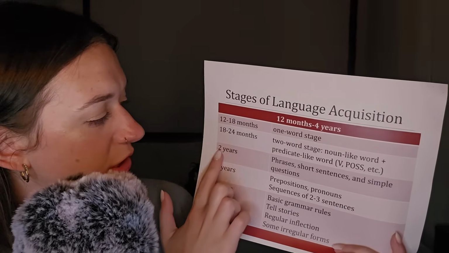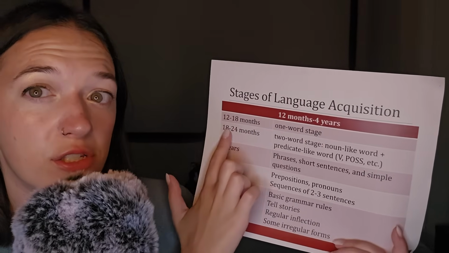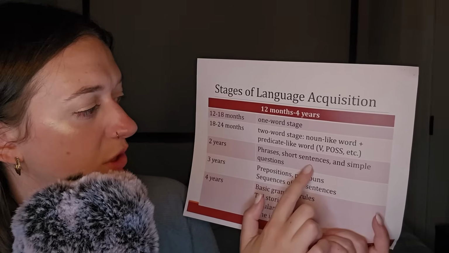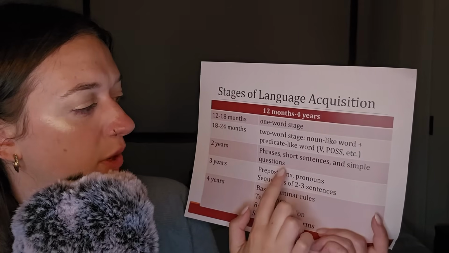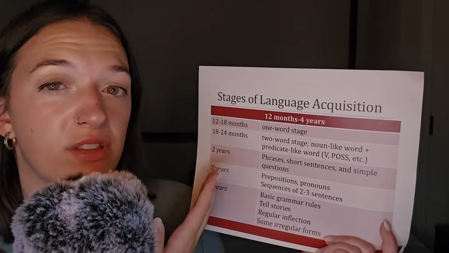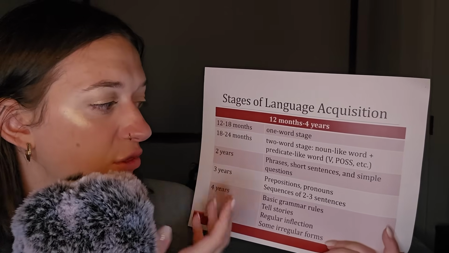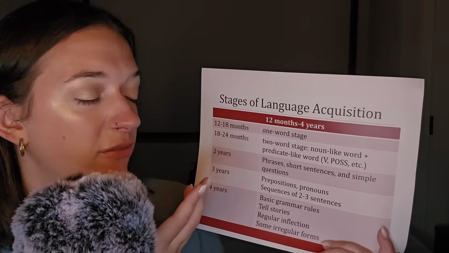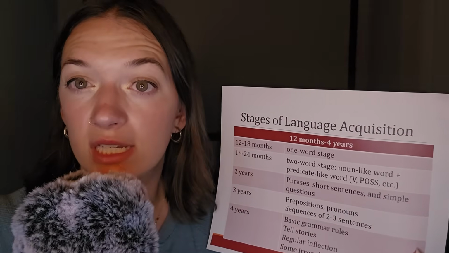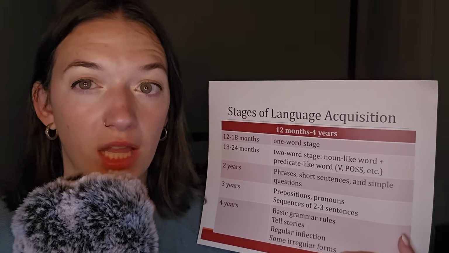At 2 years old, they can speak in phrases, short sentences, and simple questions. Some of these may be 2-word questions, 3-word questions, not very long sentences, but they can start to string words together to make a more complex phrase.